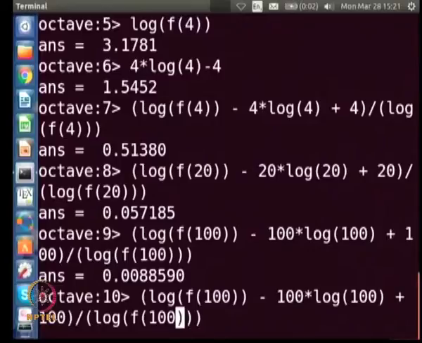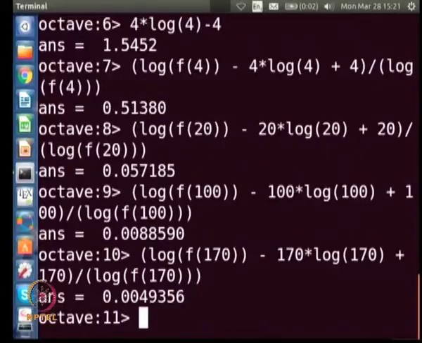Of course, I can do it for a much larger number. Let me do it for 170. I get an error of about 0.49%, so within 0.5% for a number like 170. When we are doing the Stirling approximation, we are assuming numbers of the order of 10 power 23. So you can see how good this approximation is going to be. It is going to be a very good approximation.